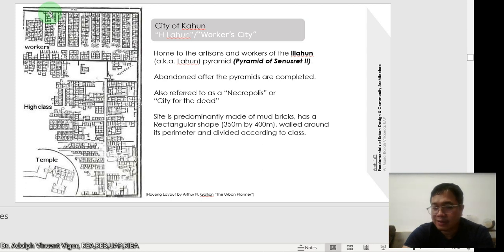But in those times, you could really see the division. Here, the high class is near the temple, so they could pray to their gods during those times. And the workers are further away, maybe because they are given less importance.